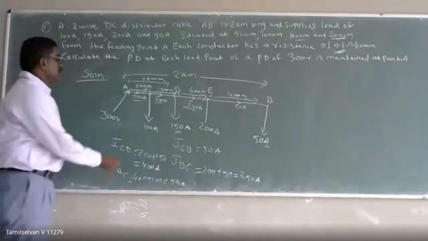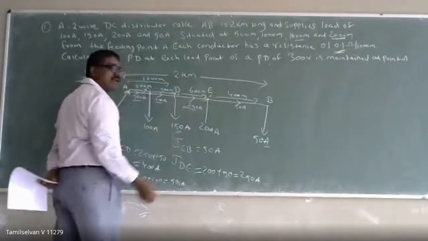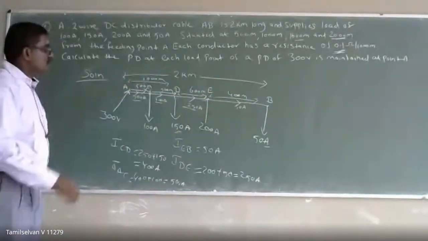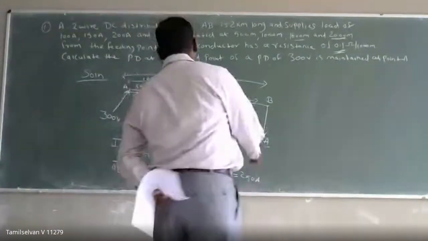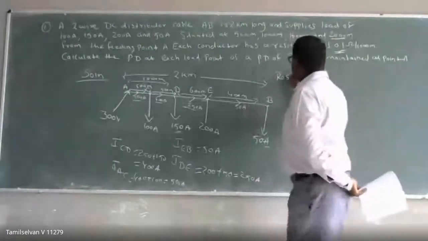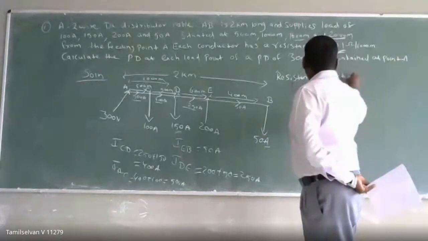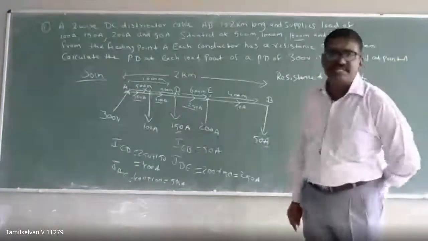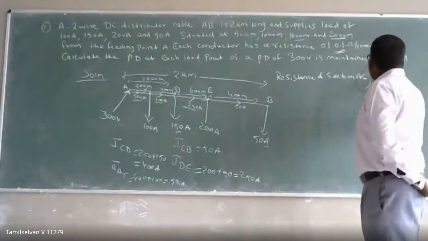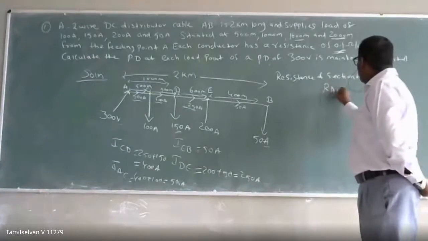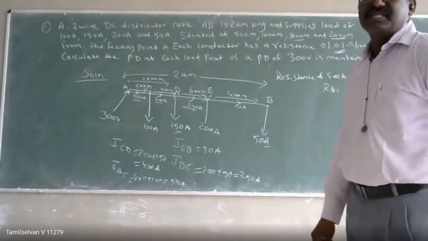If you can calculate the drop, then you can determine the drop for C, D, E, and B. Next, I am going to calculate the resistance of section AC. What is the value of my section resistance?